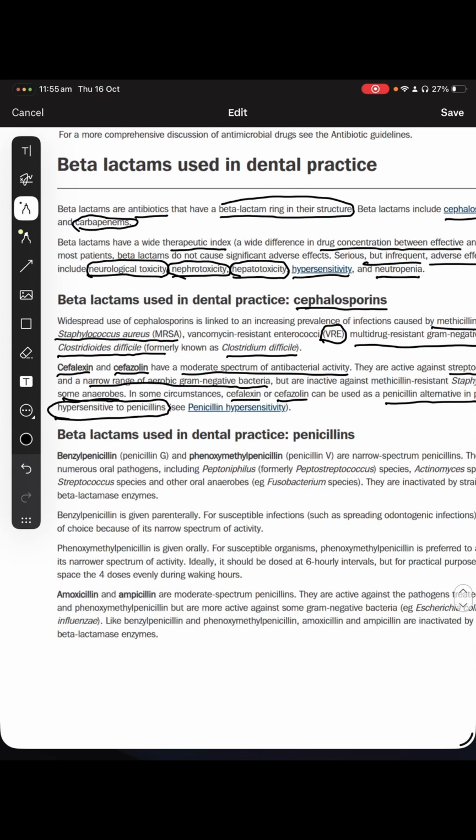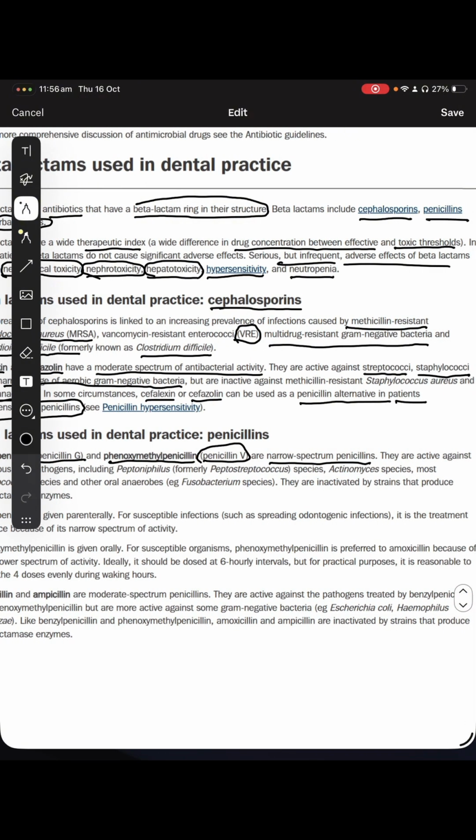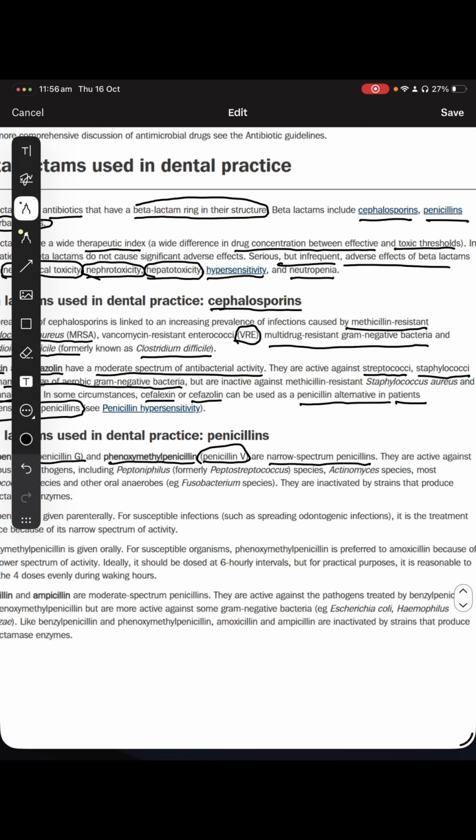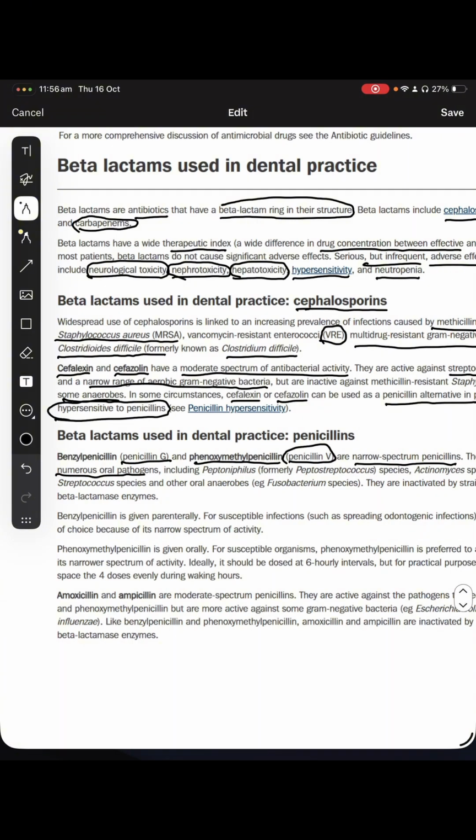Beta lactams used in dental practice, penicillins. Now we are talking about penicillins. Benzyl penicillin, which is penicillin G, and phenoxymethyl penicillin, which is penicillin V, are narrow spectrum penicillins. They are active against numerous oral pathogens, including Peptoniphilus, formerly Peptostreptococcus species.